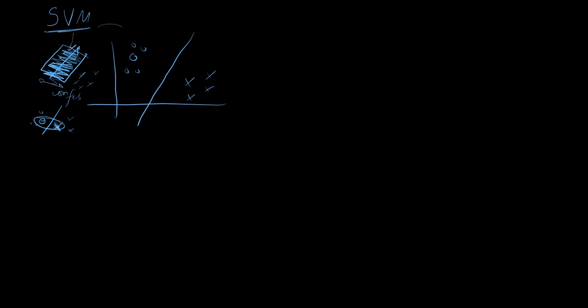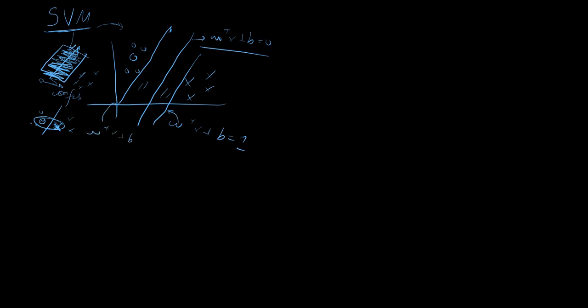Now back to the topic. Imagine we have a linearly separable data set. How will the support vector machine work? It will build a linear hyperplane, which can be W transpose X plus B equals 0. And it will build two more lines which are parallel to the main hyperplane. These equations are W transpose X plus B equals 1 for this one, and W transpose X plus B equals minus 1 for this one. The equations can be changed, but this form always remains.